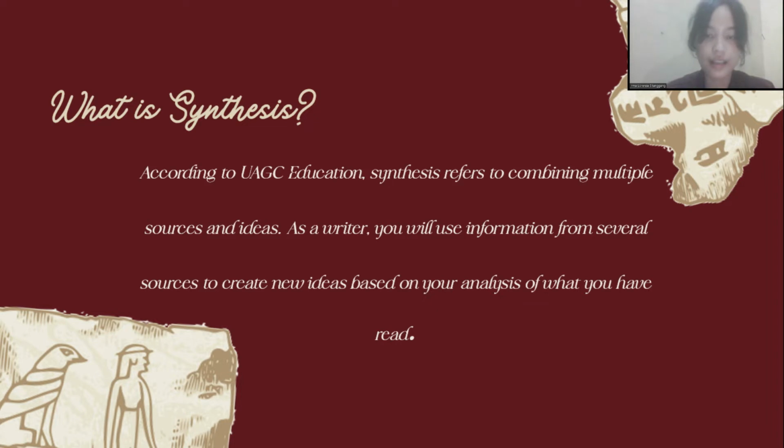However, this is not the same as synthesize. In a summary, you share the key points from an individual source and then move on and summarize another source. In synthesize, you need to combine the information from those multiple sources and add your own analysis of the literature. This means that each of your paragraphs will include multiple sources and interactions as well as your own ideas and voice.